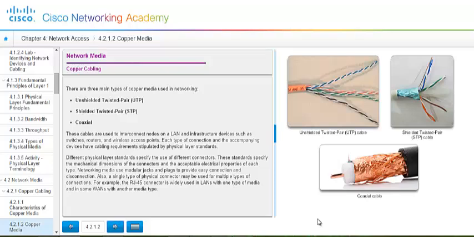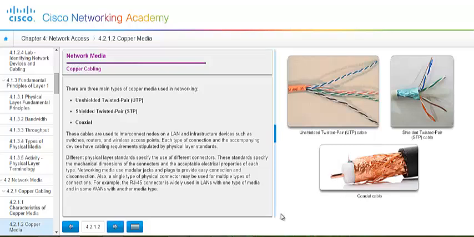Each type of connection and the accompanying devices have cabling requirements stipulated by the physical layer standards. Keep in mind, you always have standards. Different physical layer standards specify the use of different connectors. So you would not use the same connector end on this device that you would use on this device.